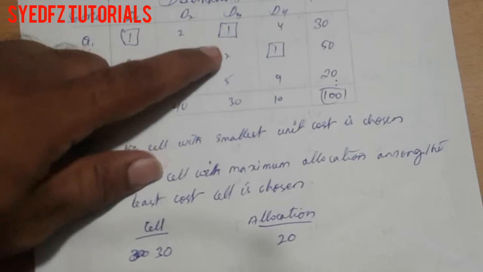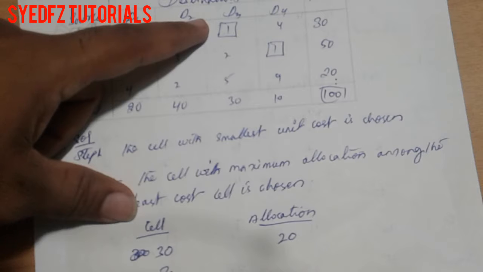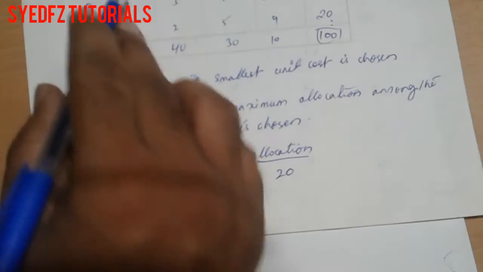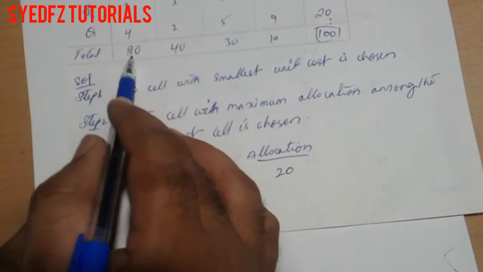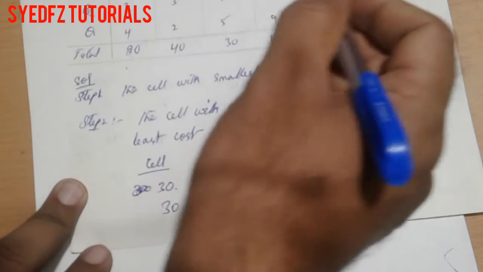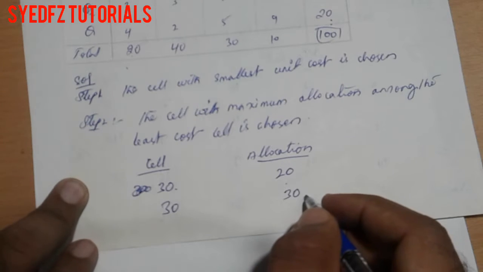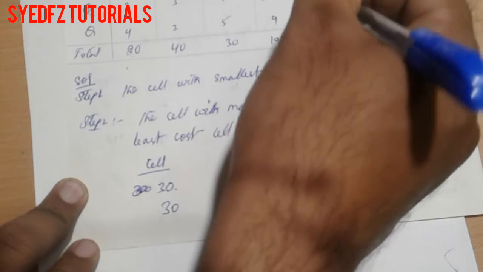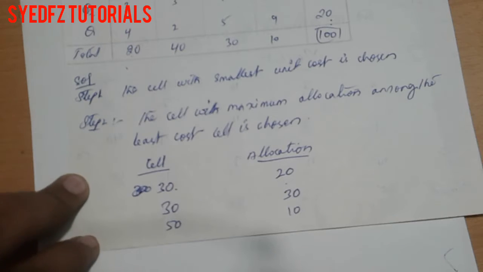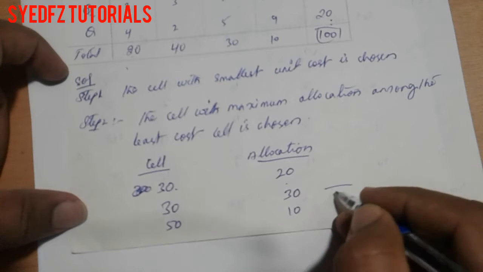For the next lowest, we have 30 supply and also 30 demand, so fully we can allocate. For the third cell, supply is 50, but the demand is only 10. So which cell allows the maximum?